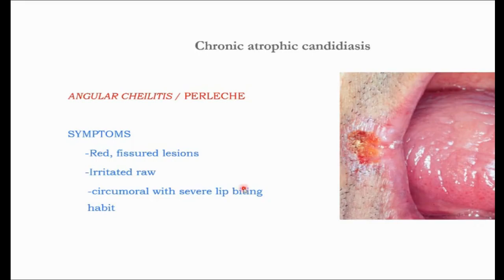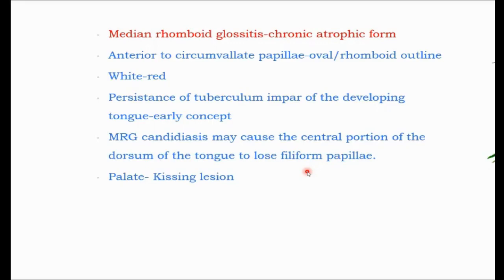Sometimes if the patient has a lip biting habit, then it can be circumoral, not just at the angle. It can be seen all around the mouth. If it is just lower lip biting, then it will be around the lower lip, but some keep doing both upper and lower. So they'll have circumoral, meaning all around your mouth.